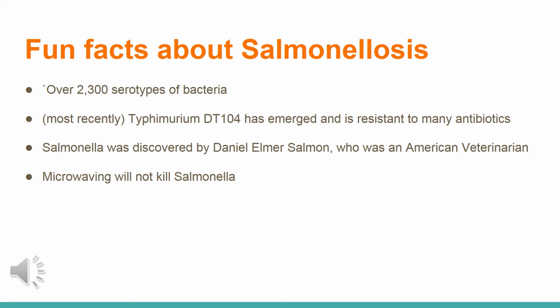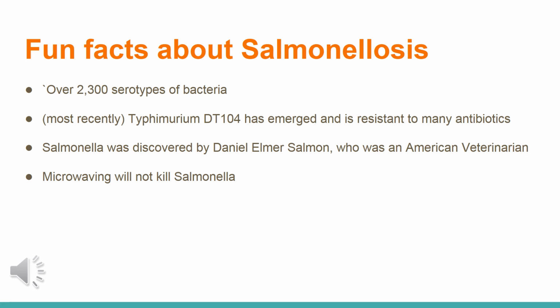Some fun facts about salmonellosis: there are over 2,300 serotypes of bacteria. Typhimurium and Enteritidis are the most common in the U.S. They account for half of all human infections. Very recently, Typhimurium DT104 has emerged, and scientists have found that it's very resistant to many antibiotics.